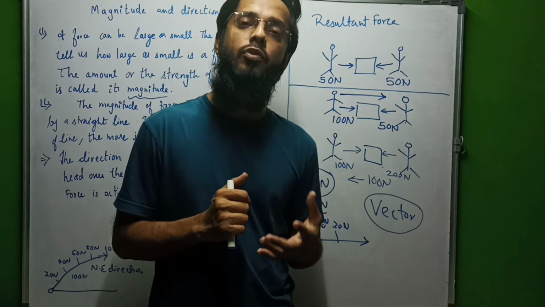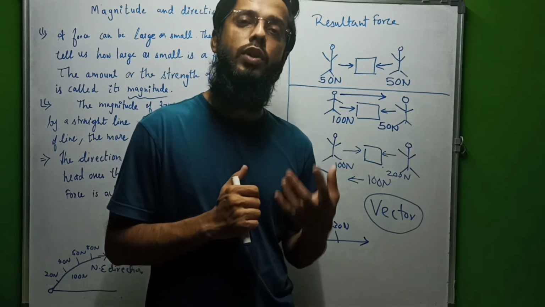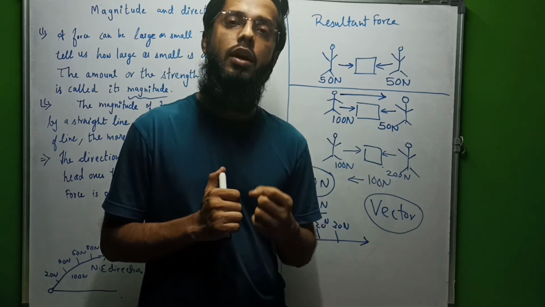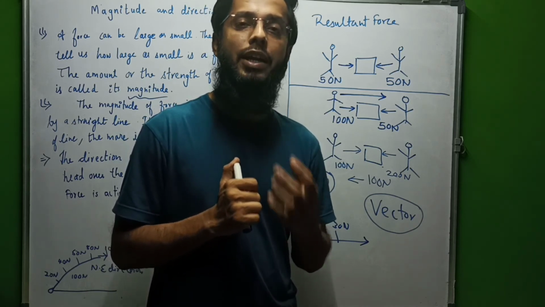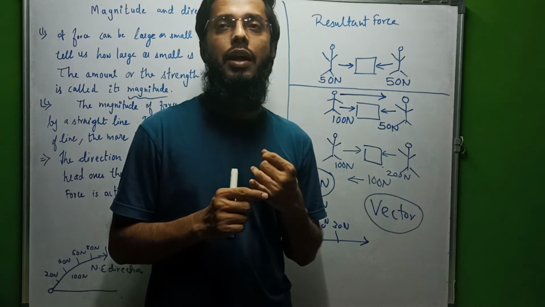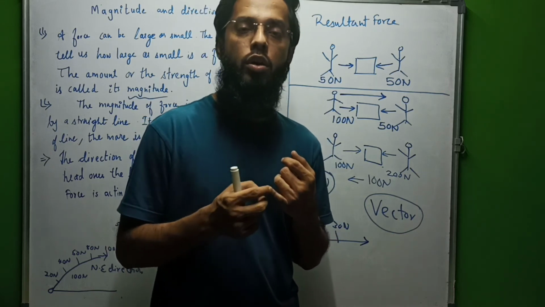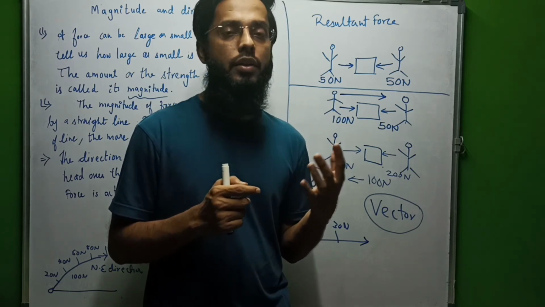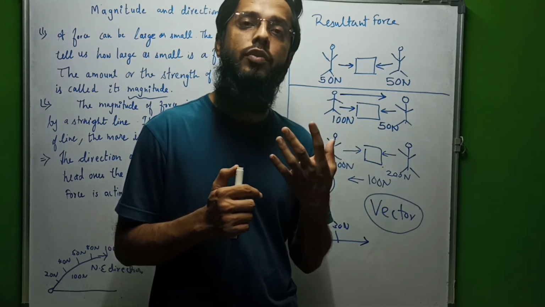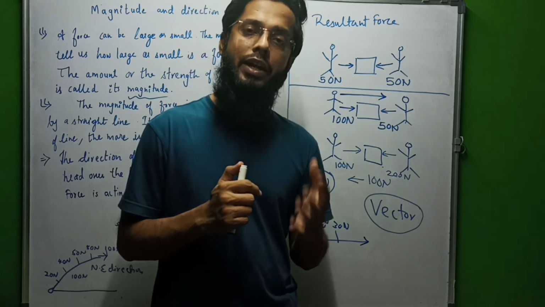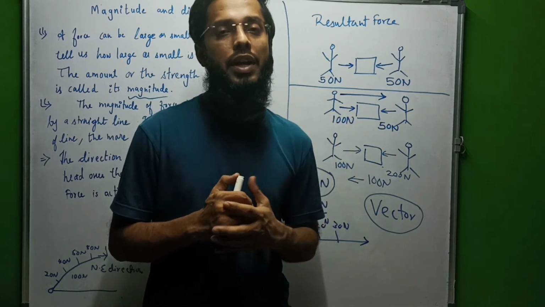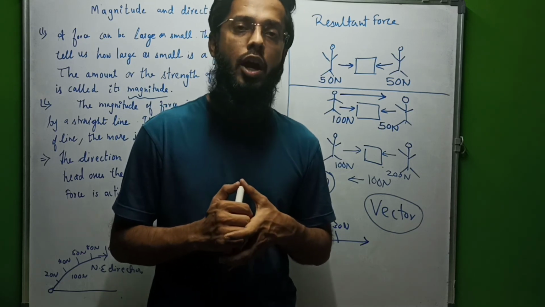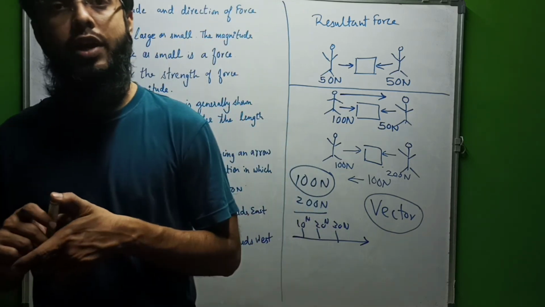Quantities in which we have to specify the direction are known as vector quantities, and those in which we only have to specify the magnitude are scalar quantities, like mass, speed, temperature, and many more. In force we have to specify the direction also. So this was magnitude and direction of force. I hope you understood. If you have any query, you can ask me.